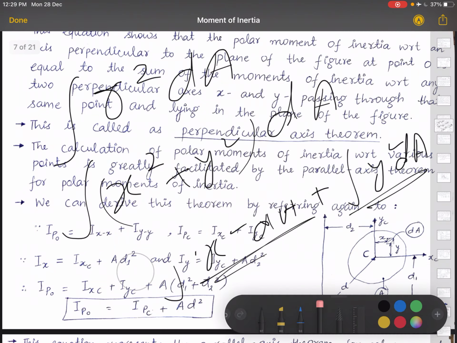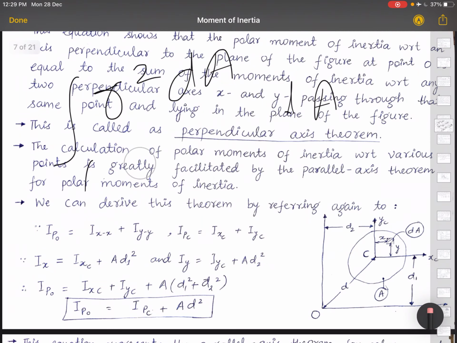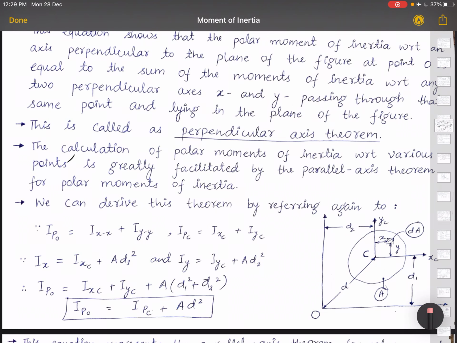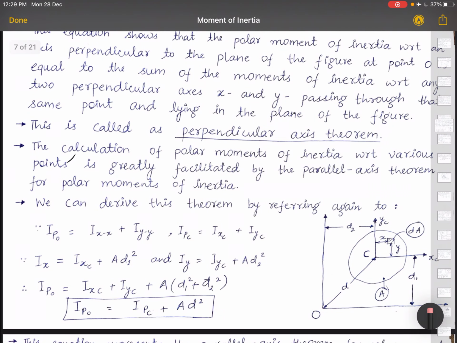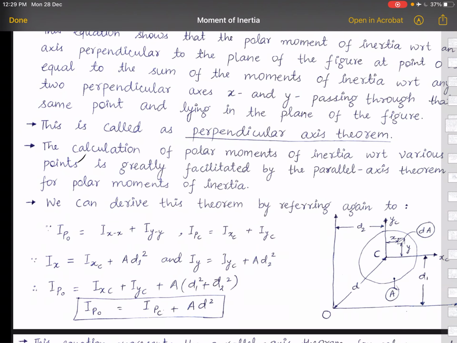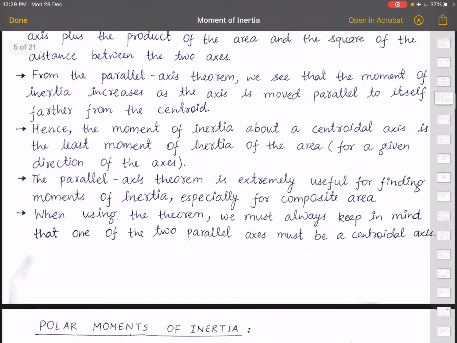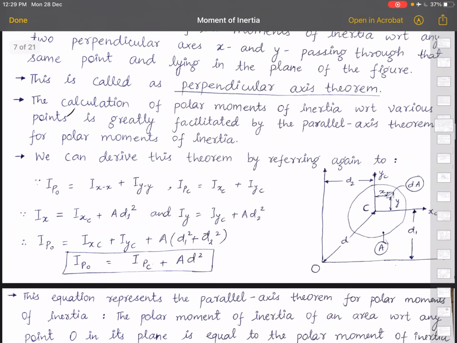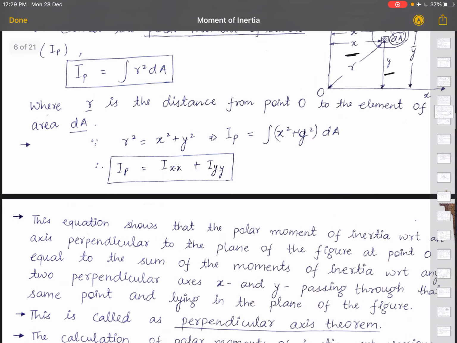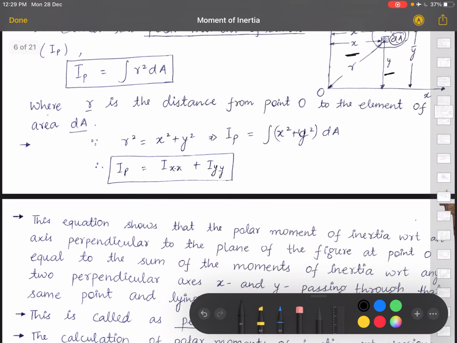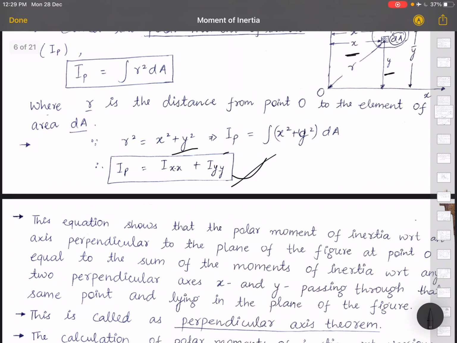So from here we can easily say I_P is I_xx plus I_yy.